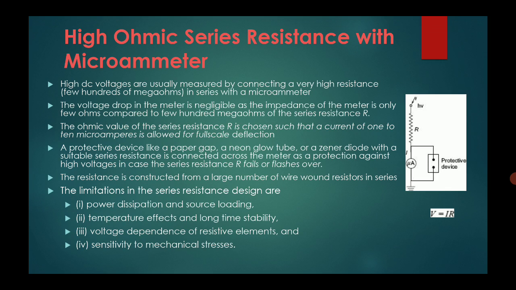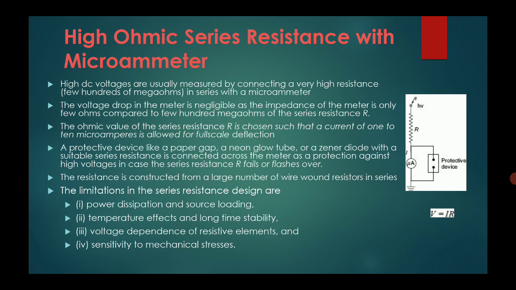So the first topic, high ohmic series resistance with microammeter. The basic system is given on the right hand side. We have this resistance which is connected to the high voltage, we have a microammeter, and we have a protective device.